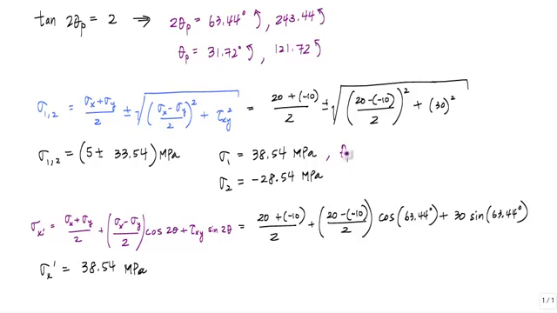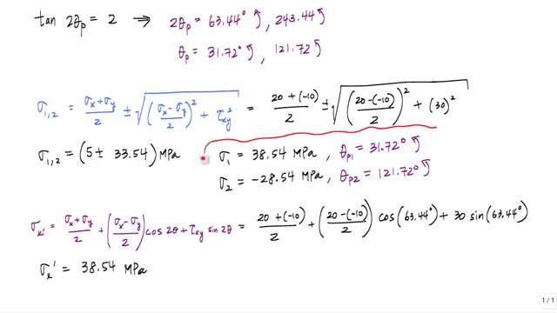So I can write theta p1 is 31.72 degrees counterclockwise, and I know the other one, theta p2, the angle associated with my minor principal stress, is 121.72 degrees counterclockwise. Now I can go ahead and draw the principal stress state. This essentially is my answer for principal stresses and the angles associated with them.